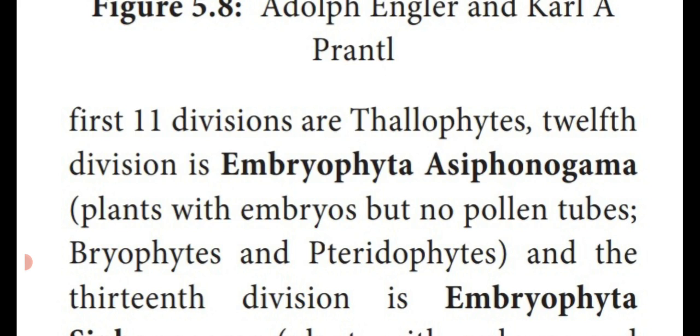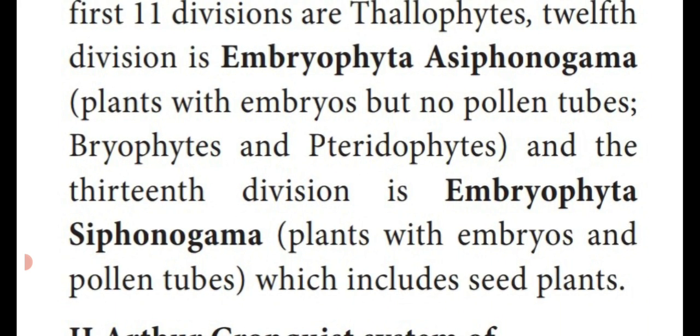The 12th division is known as Embryophyta asiphonogama, that means they produce embryos but have absence of pollen tubes. Examples, bryophytes and pteridophytes. And the 13th division is known as Embryophyta siphonogama. That means they produce embryos, and pollen grains produce pollen tubes. Example, angiospermic plants, that is all seeded plants.